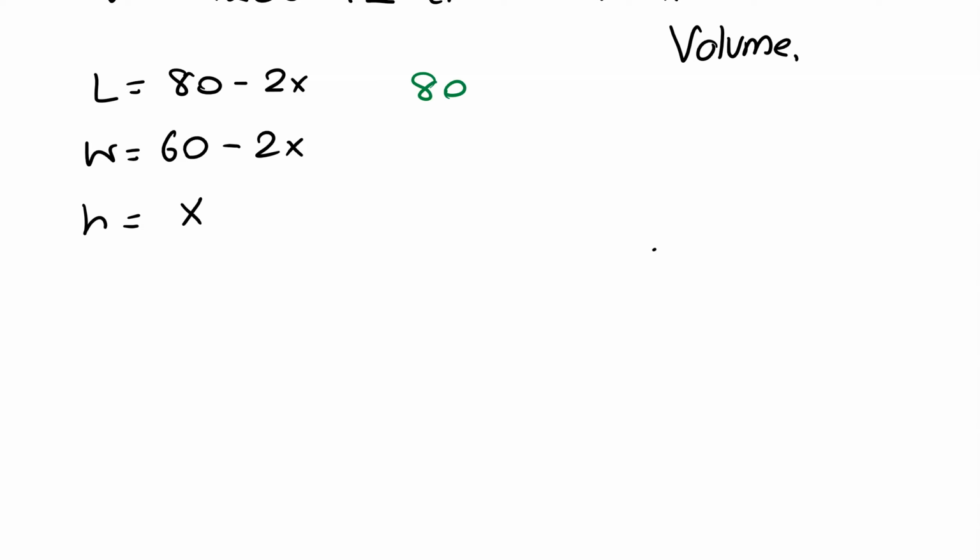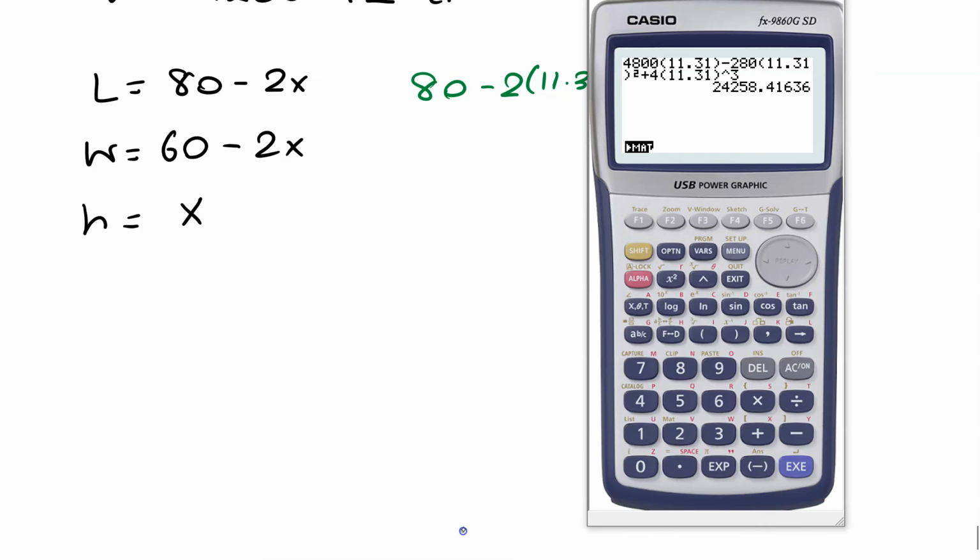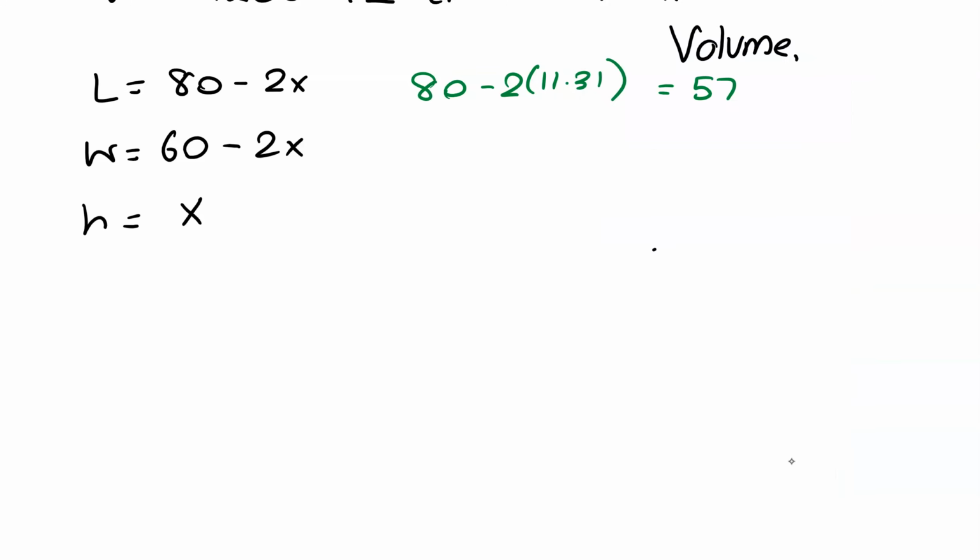So we've got 80 minus 2 times 11.31 for length, which equals, in my calculator, 57.38, so 57.38 centimeters was my length. My width was 60 minus 2 times 11.31.